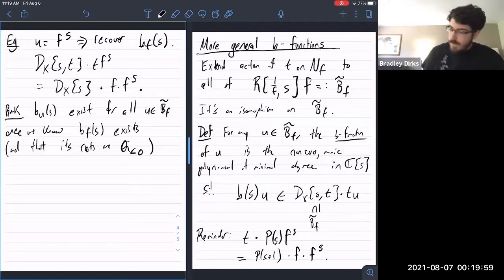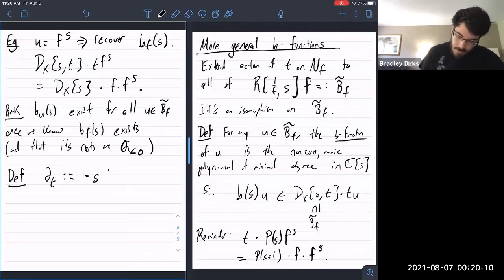Okay, and now let's define something that will help us get some elements of interest. So, t is invertible, so define dt to be negative s t inverse on this BF tilde.